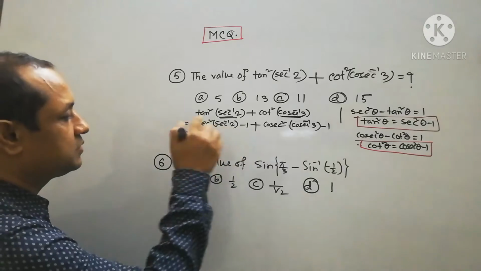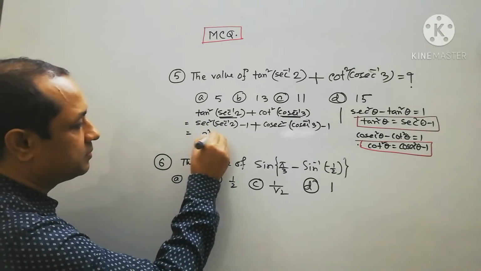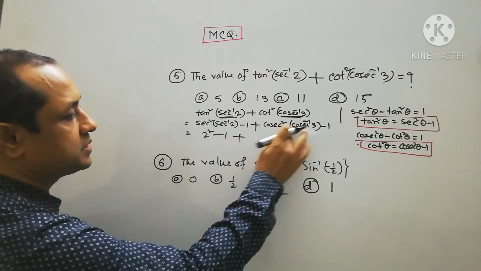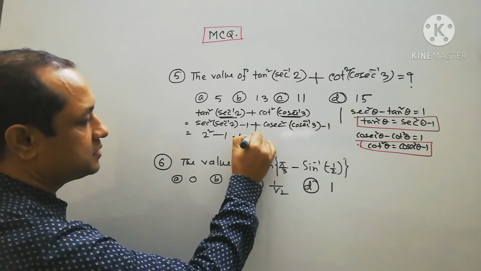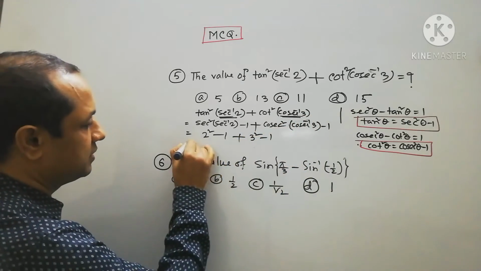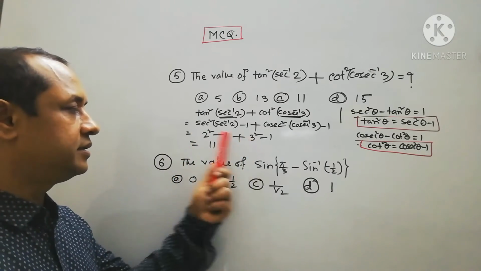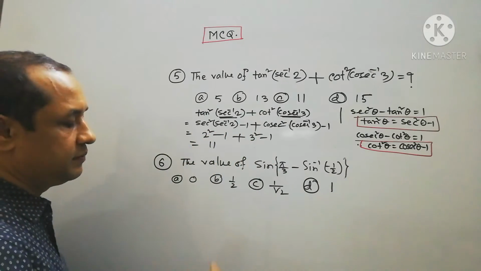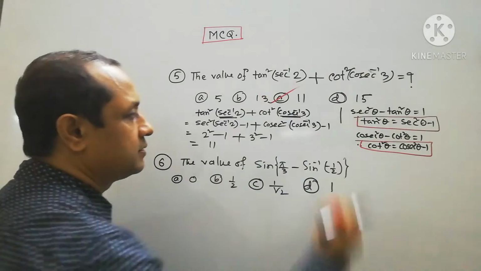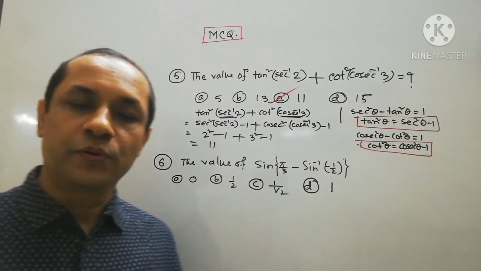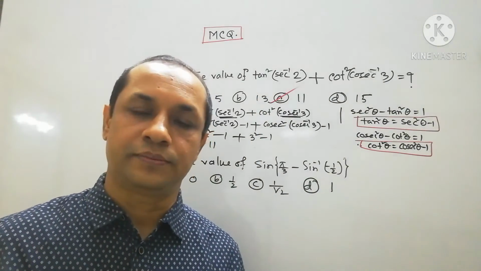So the result will be 2 square minus 1 plus cosec theta whole square, 3 square minus 1. So the result will be 11, because 4 plus 9, 13 minus 2 equals 11. So the answer will be 11. I hope you are clear, student.